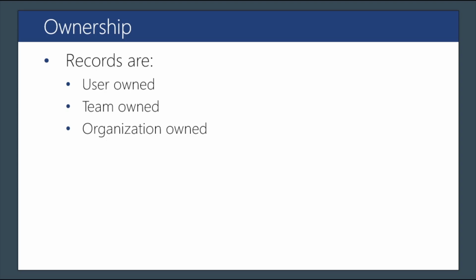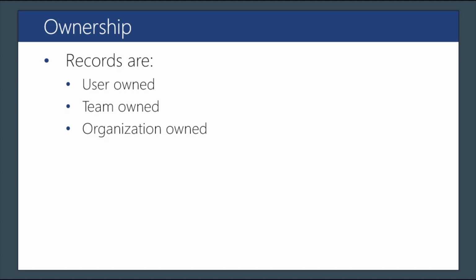User or team-owned ownership type allows you to scope the level of access that a given security role will have to records of that type. So I have the ability to say a given security role for an entity that is user or team-owned can only see the records of that type that are assigned to them or that they own.